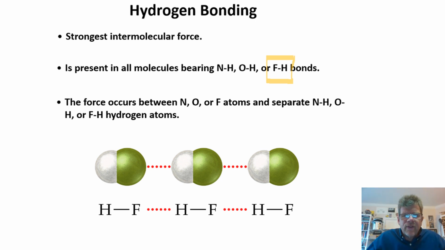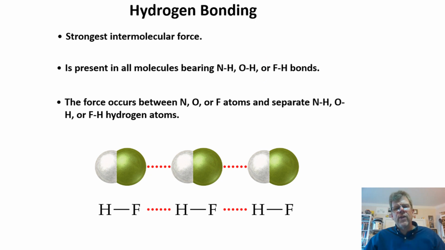And where it's a hydrogen bond, that force is between the hydrogen on one molecule and the fluorine on the other molecule. We see that here. The hydrogen on one molecule and the fluorine on the other molecule is the genesis of that very strong hydrogen bond.